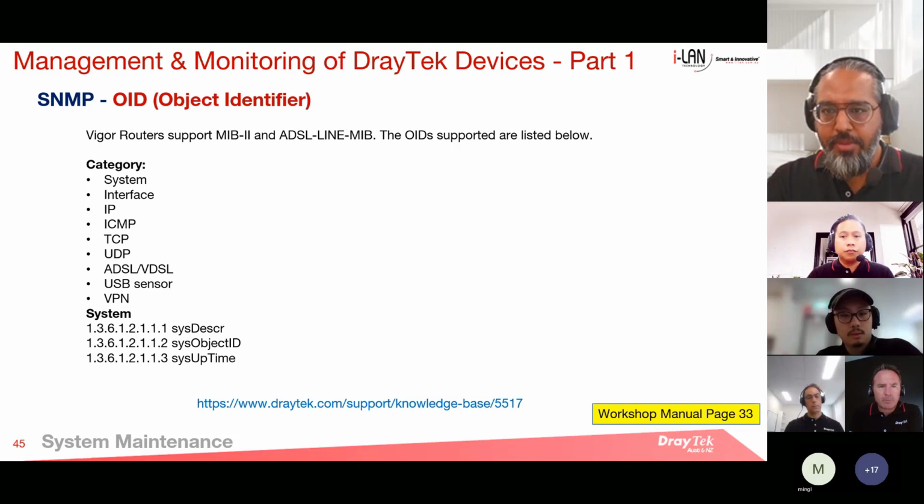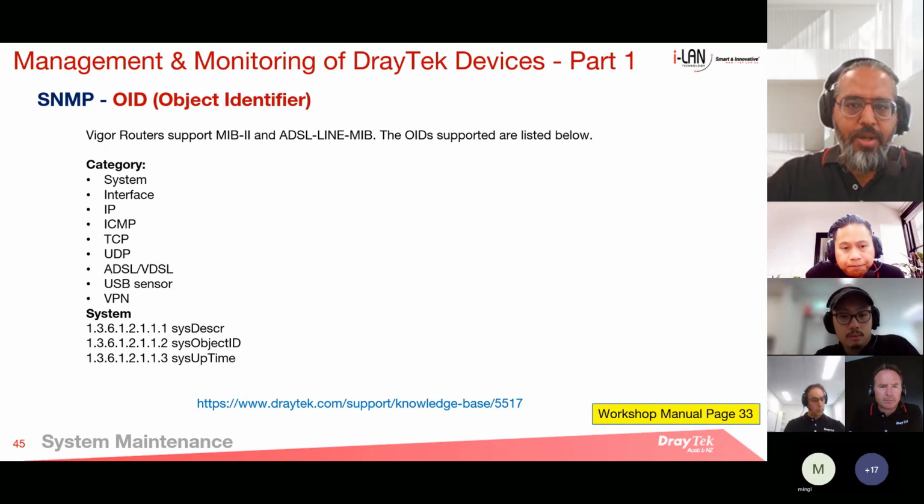You can see an example shown is 1.3.6.1.2.1.1.1, which is for sysDescr, and this has to be entered in the network management station so that it can poll the router to retrieve the data. So just refer to the knowledge base that's been posted in chat now.